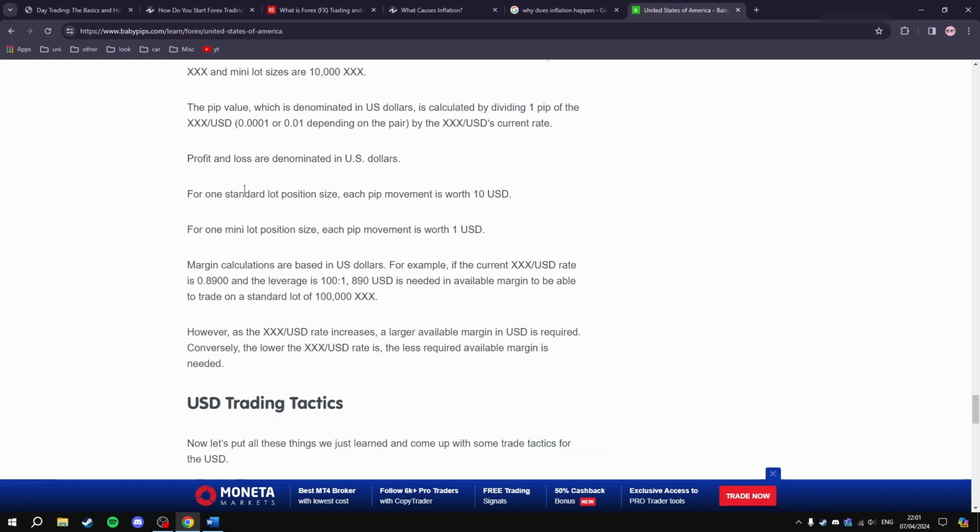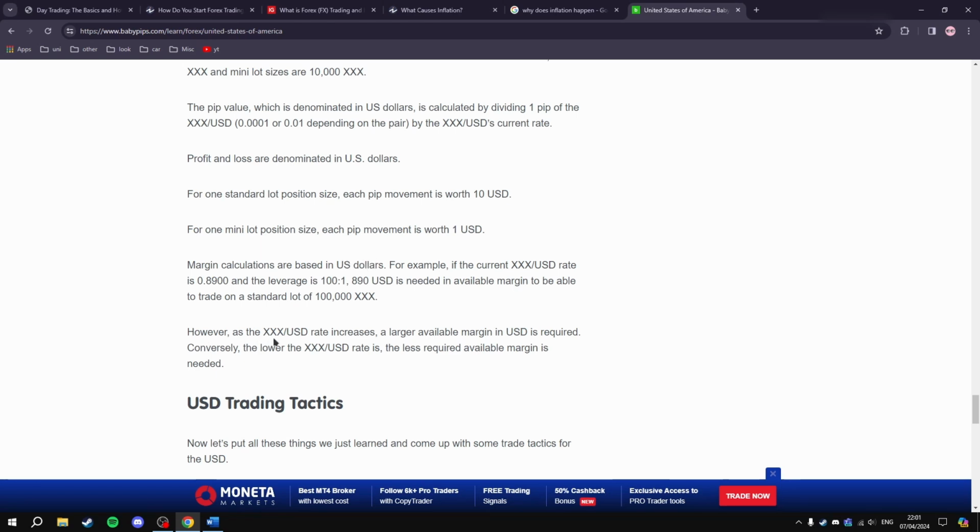For one standard lot position size, each pip movement is worth 10 USD. For one mini lot position size, each pip movement is worth 1 USD. Margin calculations are based in US dollars. For example, if the current XXX/USD rate is 0.89 and the leverage is 100 to 1, 890 US dollars is needed in available margin to be able to trade a standard lot of 100,000 XXX.